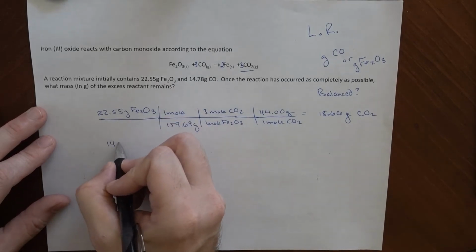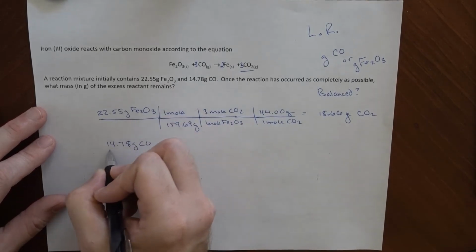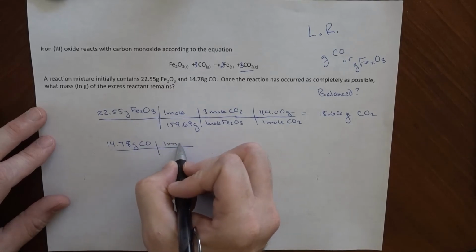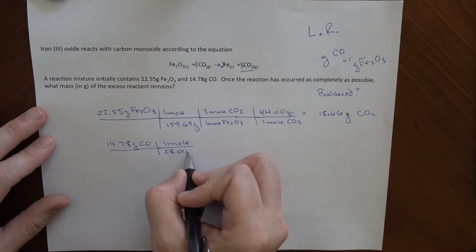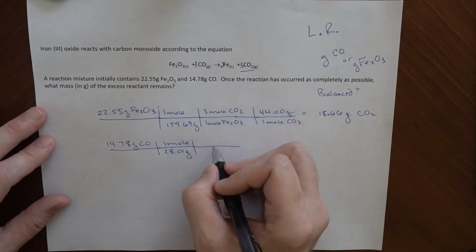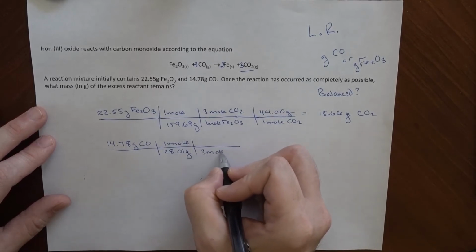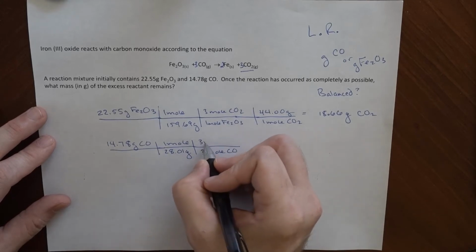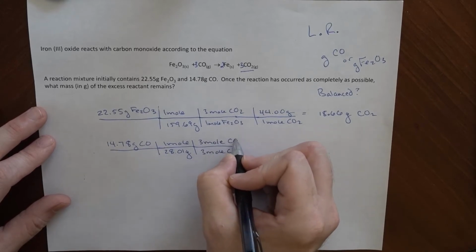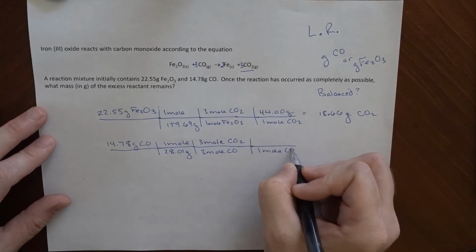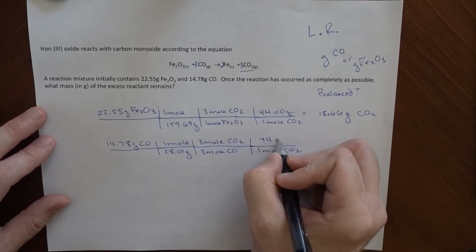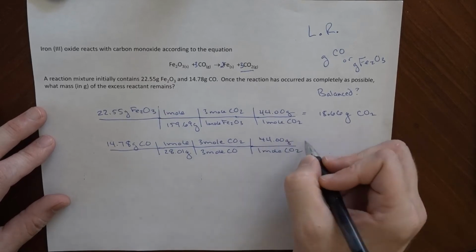If all of my carbon monoxide reacted, a mole of carbon monoxide weighs 28.01 grams, and 3 moles of carbon monoxide reacts to make 3 moles of carbon dioxide, and every mole of carbon dioxide still weighs 44.00 grams.